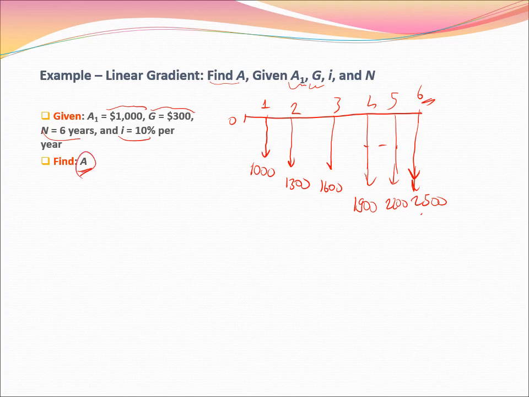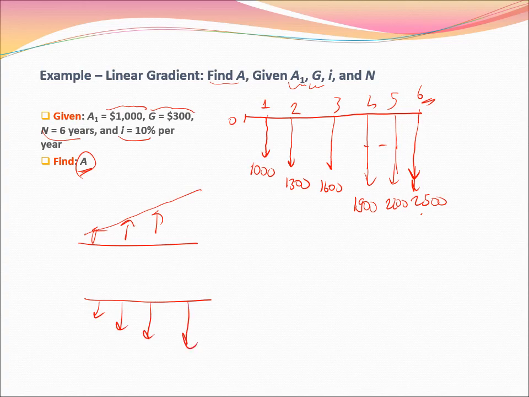Again, as you can see, it doesn't matter if these arrows are downward or upward. If the payment amount or the earning amount increases from one period to another, if the cash flow structure is like this, or like this, then this is a gradient increasing series.